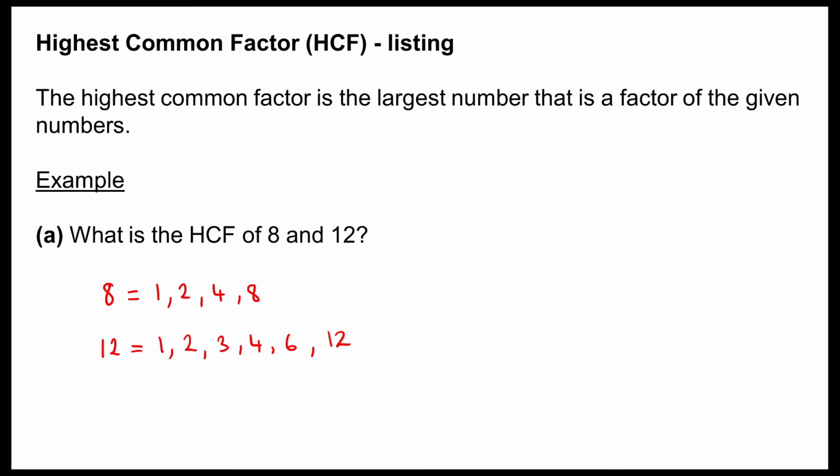Looking at both lists, I can see that 1 is a common factor that appears in both. 2 is also a common factor that appears in both, but the highest common factor is 4. That is the biggest number which appears in both lists. So the highest common factor of 8 and 12 is 4.